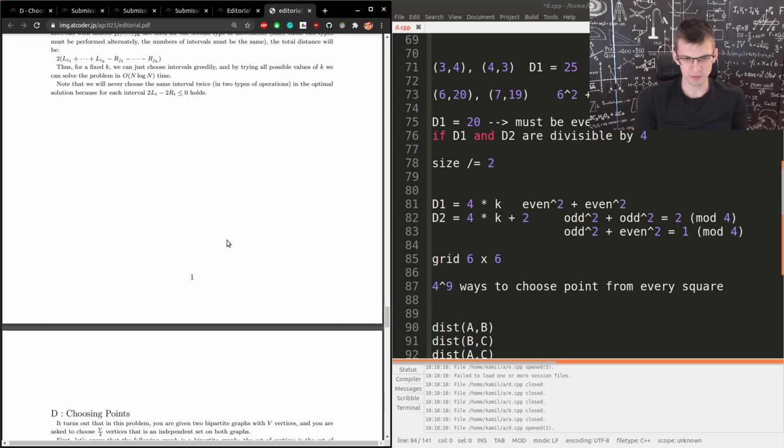Turns out that in this problem you are given two bipartite graphs with V vertices, and you're asked to choose V over 4 vertices that is an independent set of both graphs.